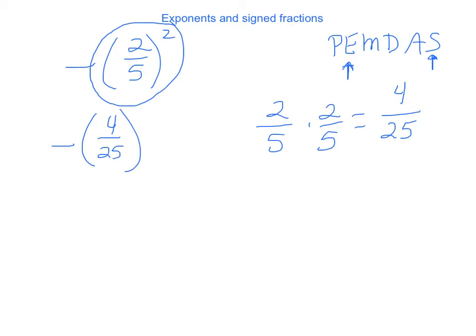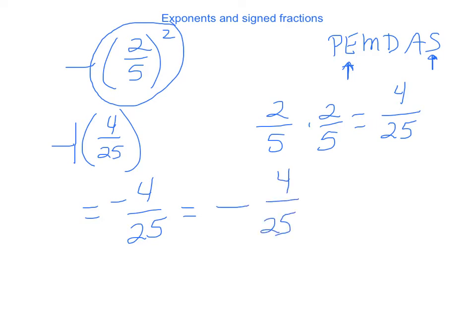I don't think ALEX is going to let you put it in like this, so what it's telling you to do really is to multiply the 4 over 25 by a negative 1. So 4 over 25 times negative 1 will give you negative 4 over 25. I'm not sure if they'll let you type it in this way or if they'll make you type it in this way, but they are equal to each other.